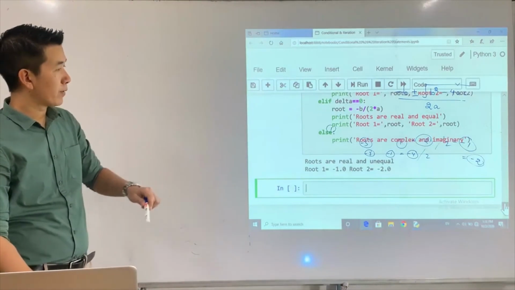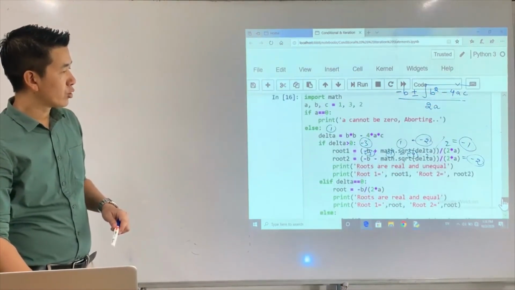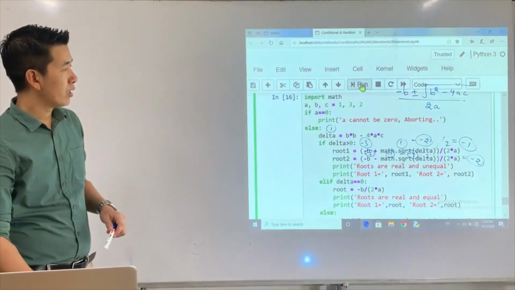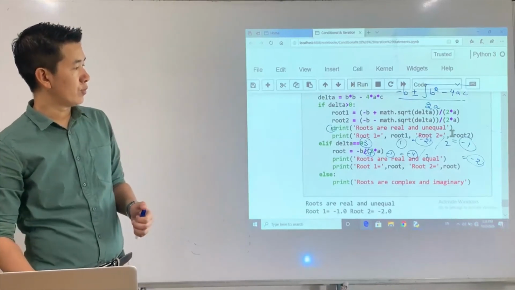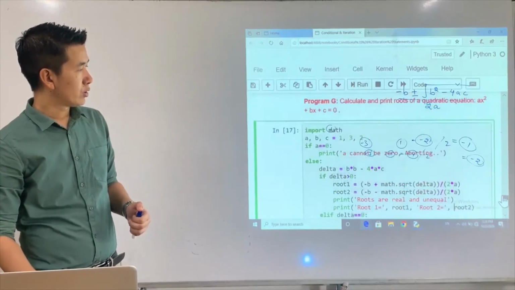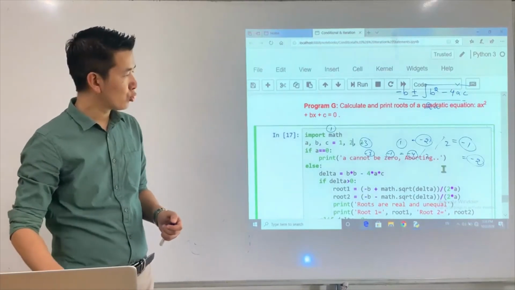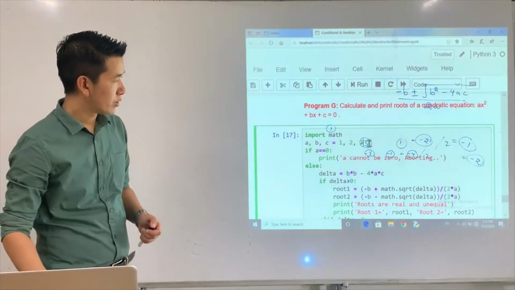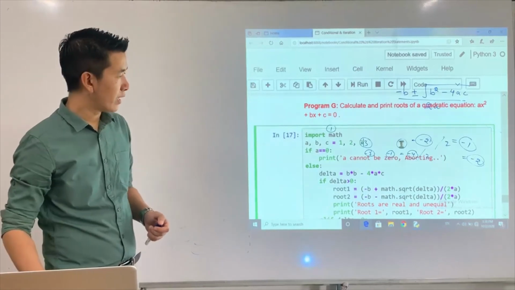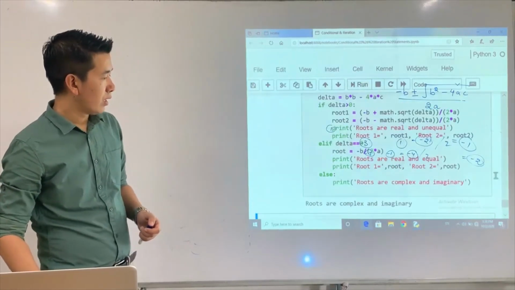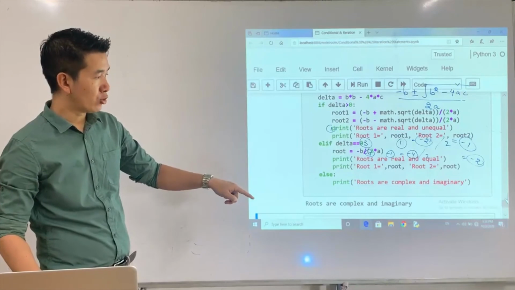So likewise, you can try running the program for other options. Say we'll just change these numbers, say 1, 2, 3. Okay, so we'll just change it to 3, and then when you run this, the roots are complex and imaginary, right?